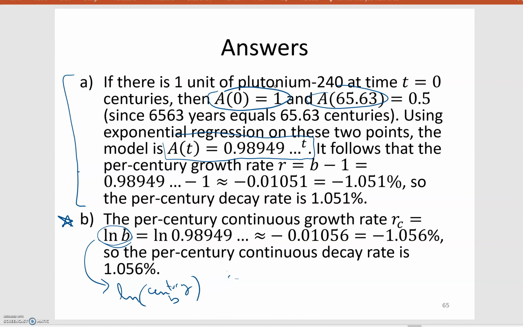And then when you convert it to continuous form, you really can just take the natural log of just the factor that's in your model. So that's why I had to do b to the 100th, whereas here it just has ln of b. Either method is fine as long as you understand what you're doing, okay?